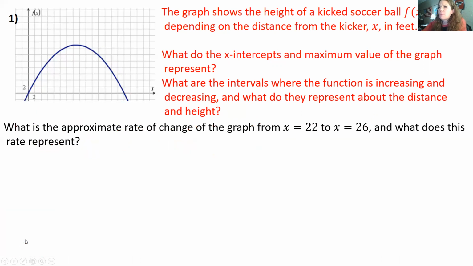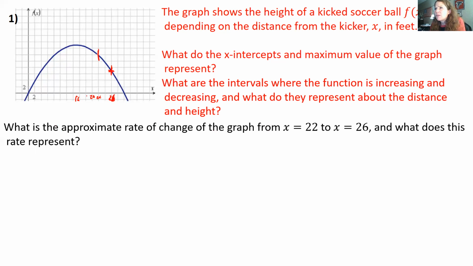What is the approximate rate of change of the graph from x equals 22 to x equals 26? Well, let's see, this is 16, 18, 20, 22, 24, 26. All right, so I'm looking from here to here, right?